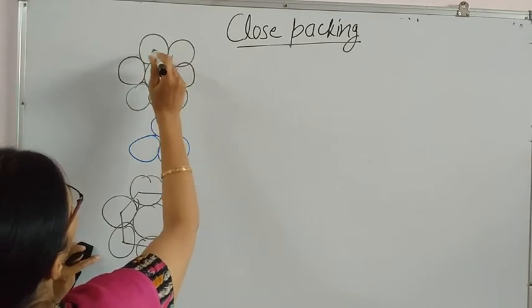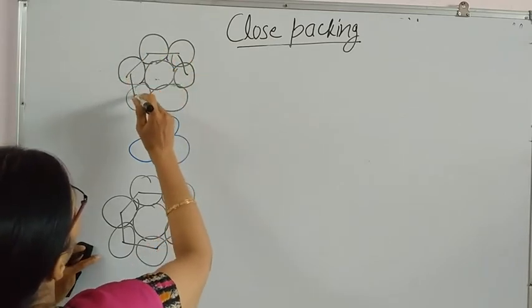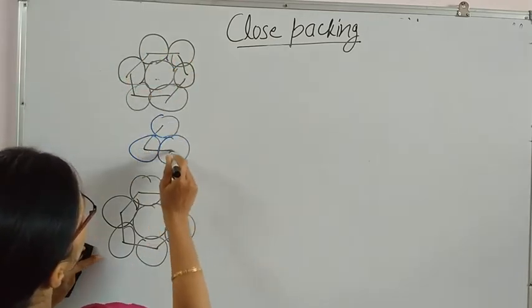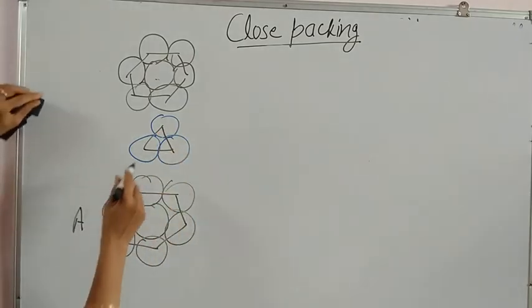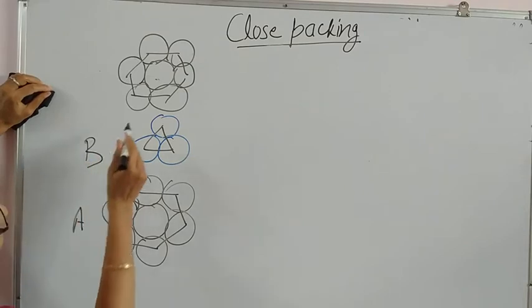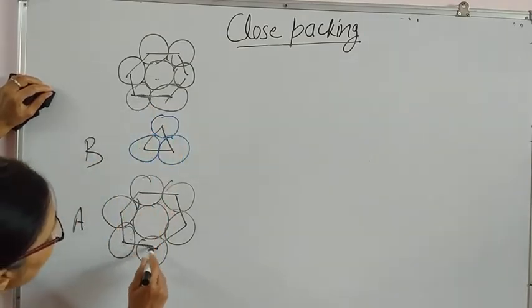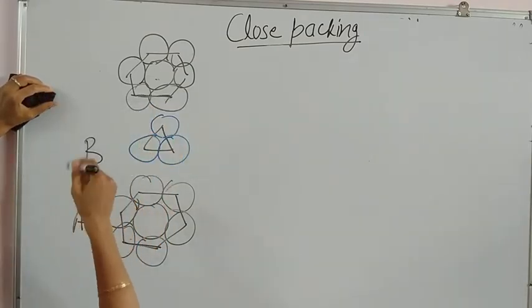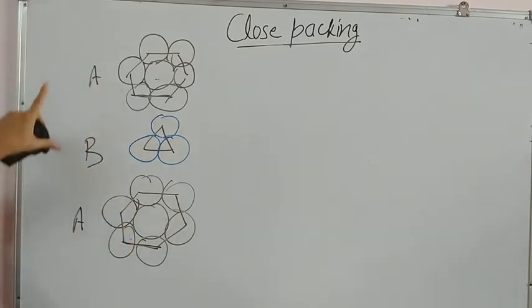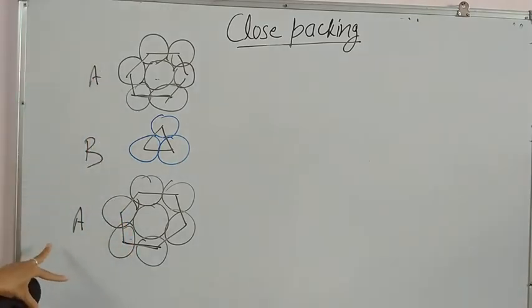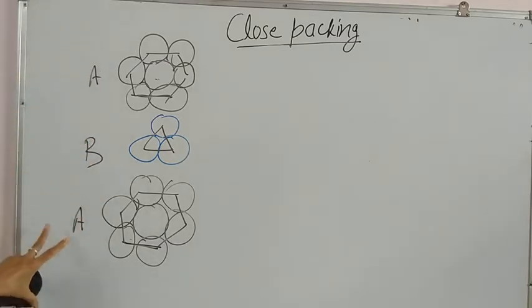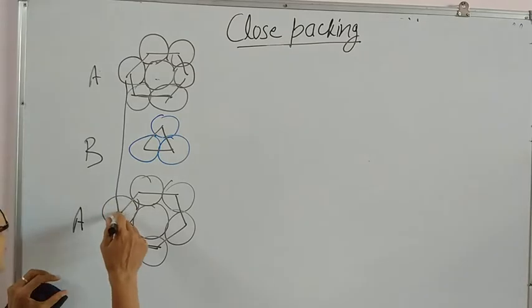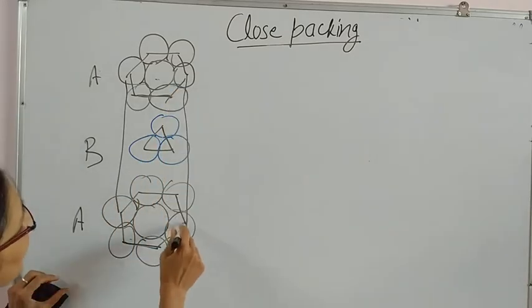So you will find that the first layer, if I call it the A layer, then the second layer is the B layer, then the third layer is overlapping again the A layer. Just A layer, and the third layer A layer. So this type of arrangement can be called AB arrangement, and this AB arrangement forms one hexagon.